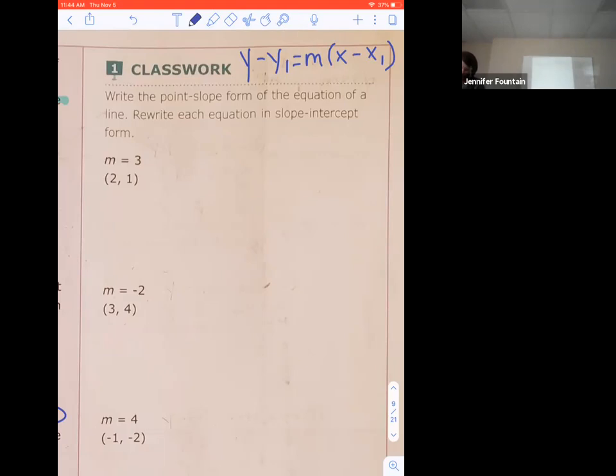If it helps you, you can underline point slope and draw an arrow to that so you know that's point slope form. Now it says rewrite each equation in slope intercept form. So underneath that, you can write y equals mx plus b. So now you know I'm going to start here and I want to end here.